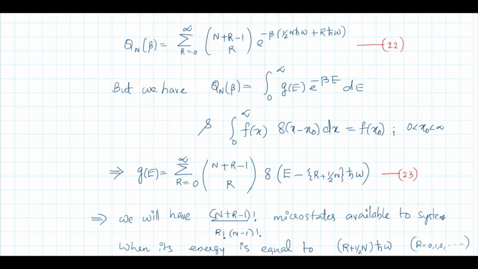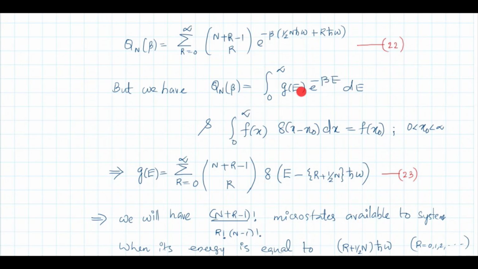We have partition function equal to the integral 0 to infinity of density of states g of E into e raised to minus beta E dE. This is our definition of partition function once we have the equation for density of states. Also, from the definition of the Dirac delta function, we have the familiar identity: integral 0 to infinity f of x delta (x minus x naught) dx equals f of x naught, provided x naught lies between the limits.